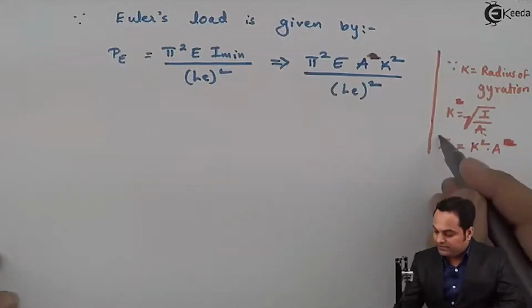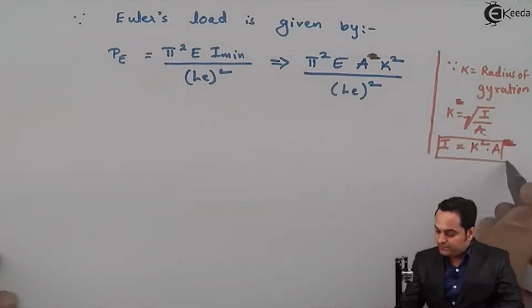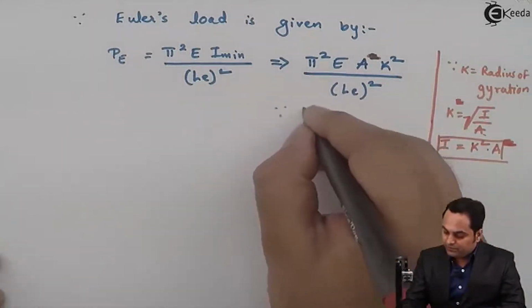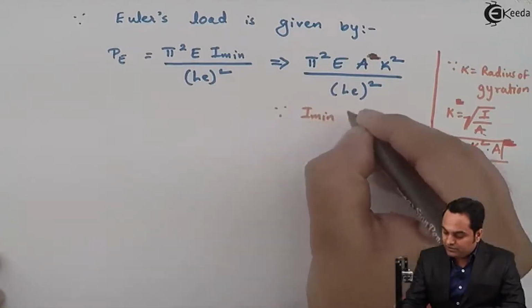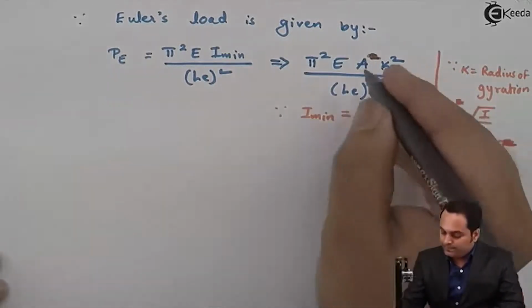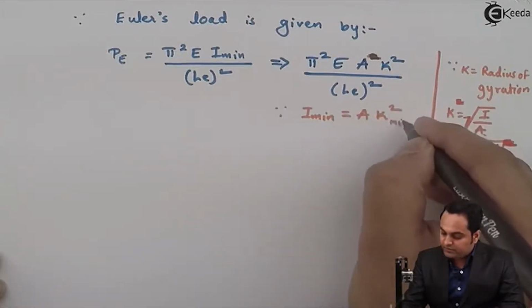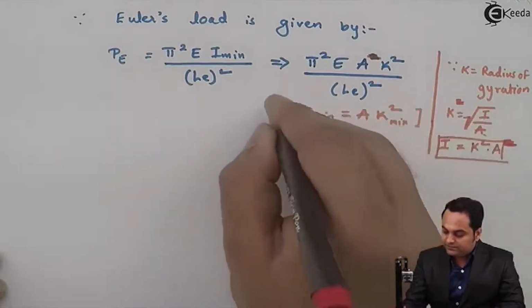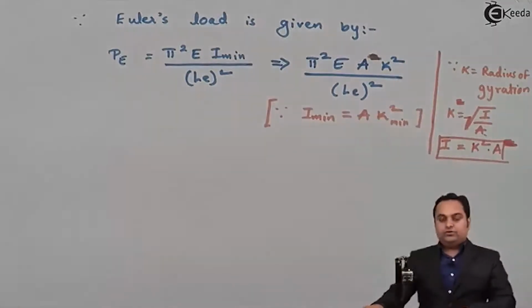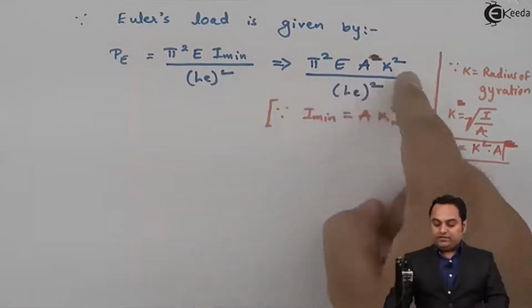Here I have explained that the minimum moment of inertia will be equal to A K square, and K is also called the minimum radius of gyration. So instead of I minimum, I can write A K square.